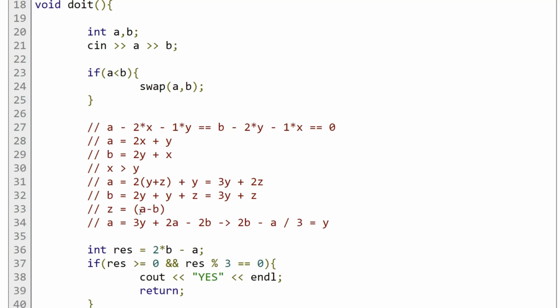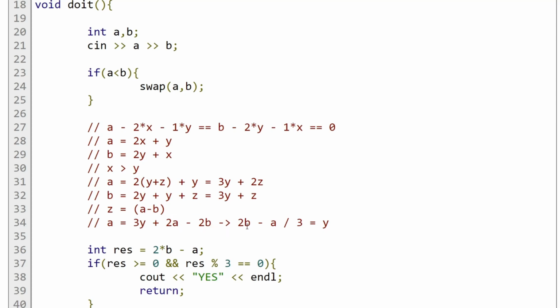essentially. Now we use this relationship here, and we replace z in this equation here, the 3y's plus 2z's, okay? So a equals 3y's plus 2z's, but instead of using 2z's, I use 2 times a minus b, so plus 2a's minus 2b's, okay?